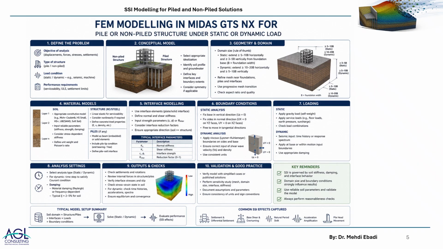So for the geometry and the domain of the project, that absolutely is very important. If it's too tight, then you're confining the compressible layers, which is generally soil and rock. And the results that you get are usually lower than what happens in reality.